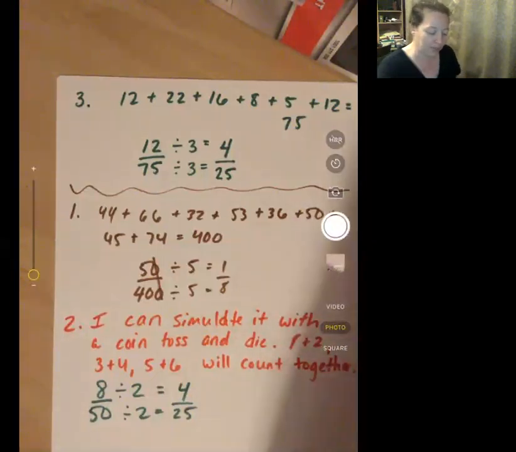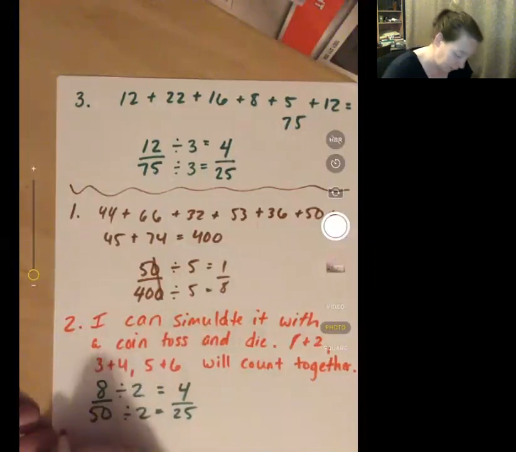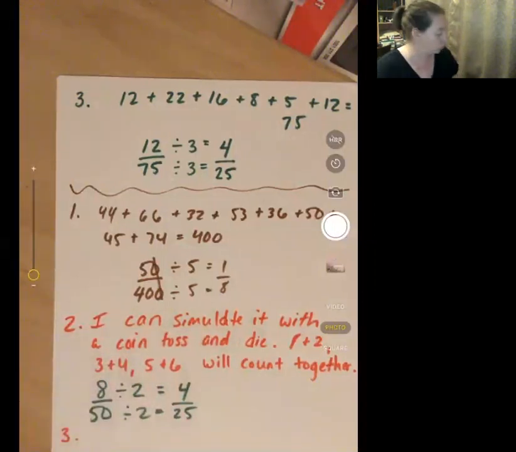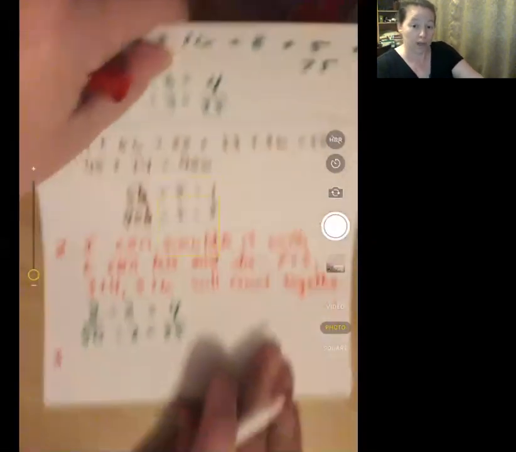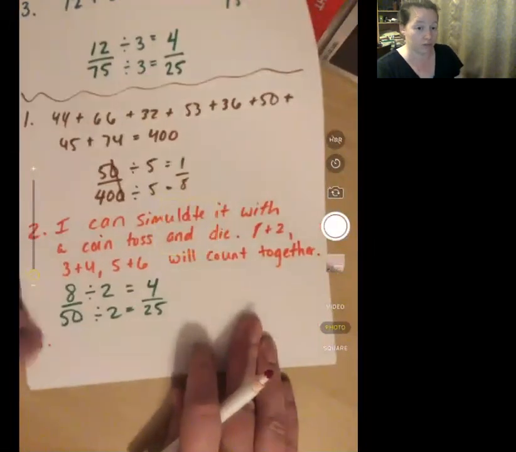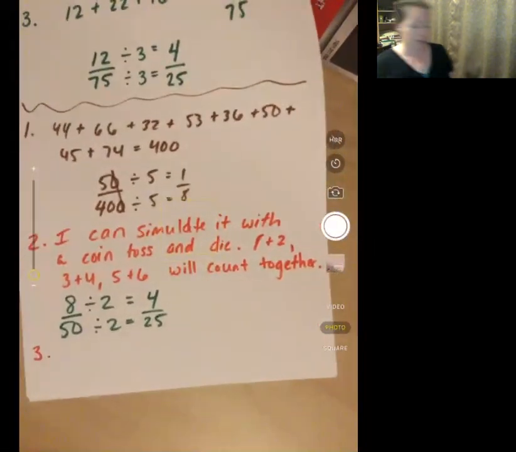Number 3, finally, how do you find the experimental probability of a compound event? Well, that's what we've been doing.